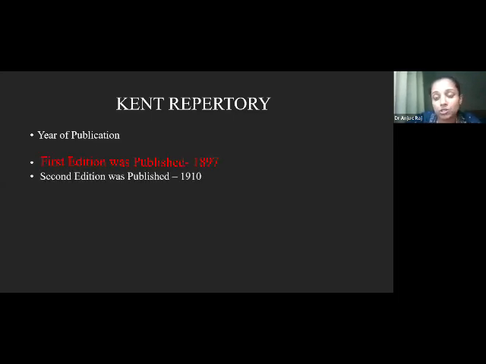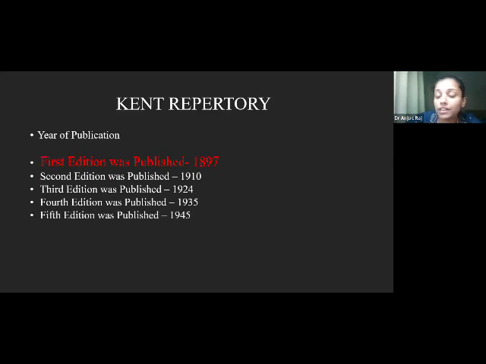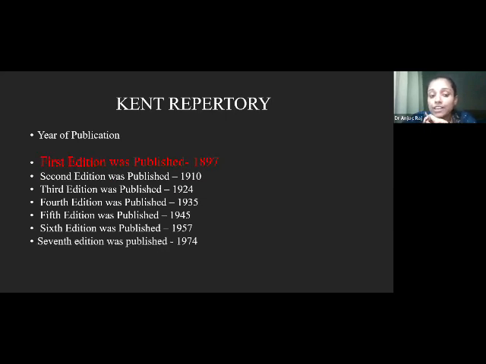First edition was published in 1897 and the second in 1910. Third in 1924, fourth in 1935, fifth 1945, sixth 1957, and the seventh edition was published in 1974.